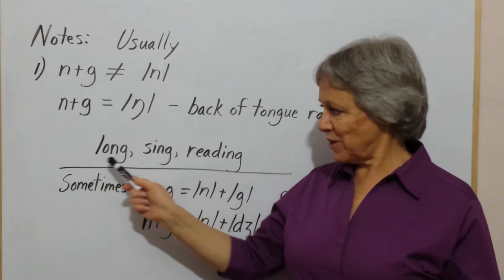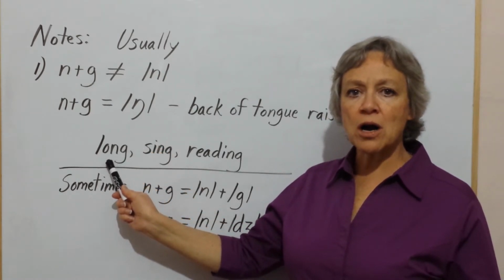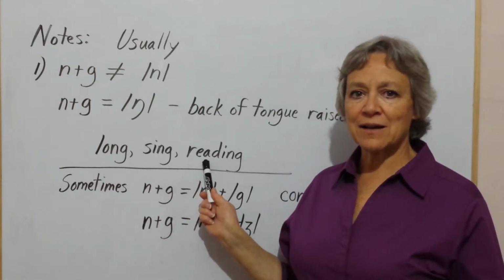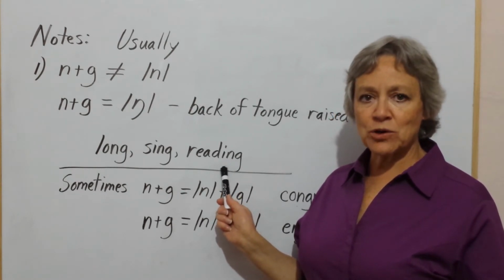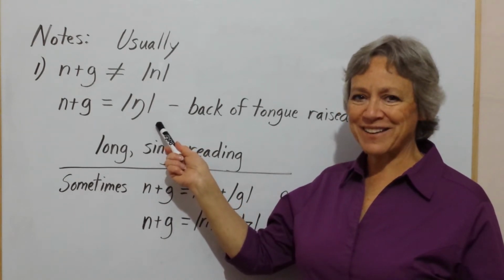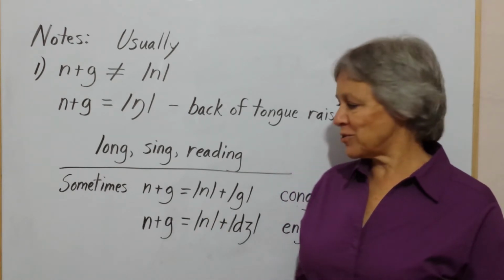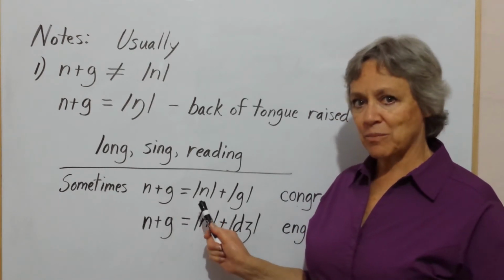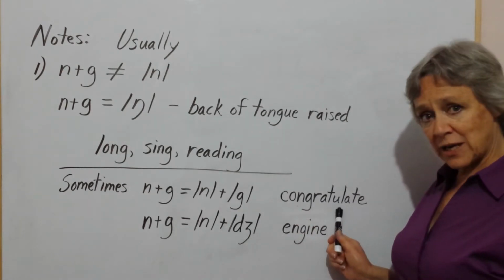And here are some example words with the ng sound. We have long, sing, and reading. Very often, we have words with an ing ending. And this ending will give us the ng sound, okay? Not N. Sometimes, though, we do get separate sounds, and the letters N plus G do give us N plus G. Here is an example word, congratulate.